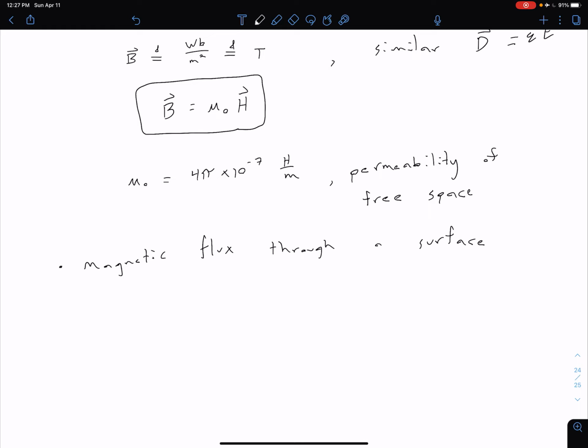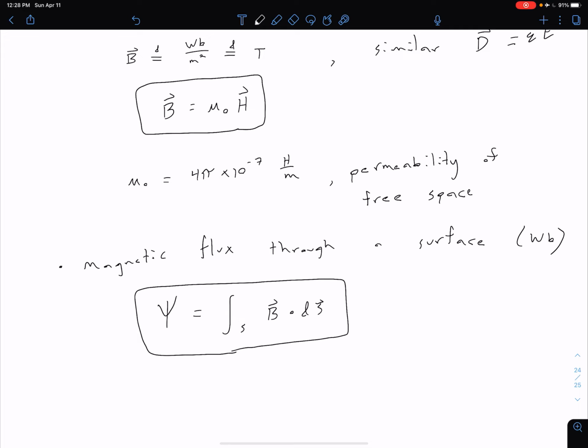Magnetic flux through a surface, which is going to be in units of Webers, so the per square meter cancels out in our B, is psi equal to the integral over the surface of B dot ds, where ds is just pointing outward. If our surface is enclosed in a volume, that ds is pointing outward from the volume.